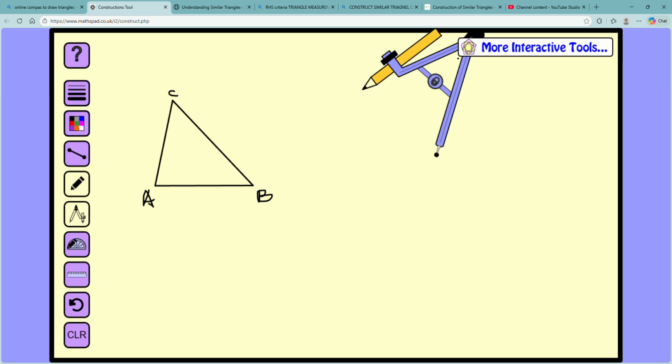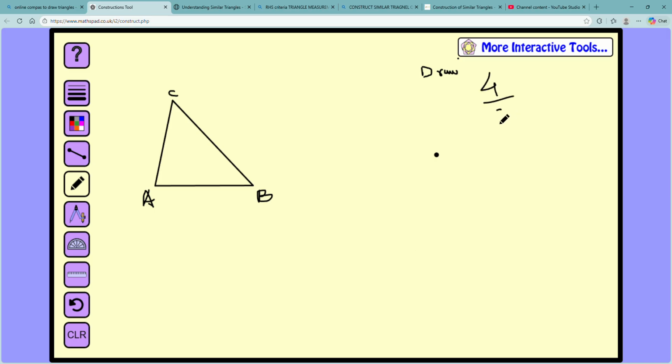So they might give you questions like this. For example, they will give you: draw a 4 by 5 triangle. Here the denominator is always the original triangle.